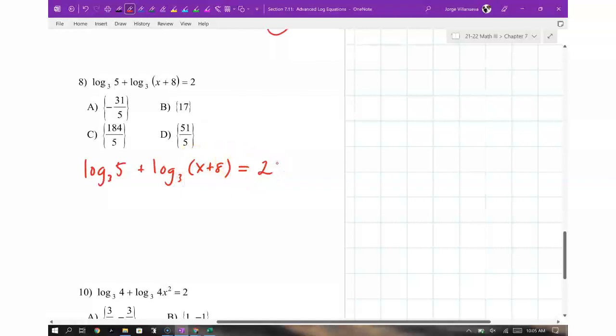Now, there's two things you should note here. We have log base 3 and log base 3 on the left side, but I don't have a log base 3 on the right side. I'm going to have to make it pop up. We did that the other day, okay? It was a little trick that we did. But also note that I can combine the left side, log base 3 of 5 times x plus 8 equal to, and the 2 has to have a log base 3 of, anybody remember how to write this out?